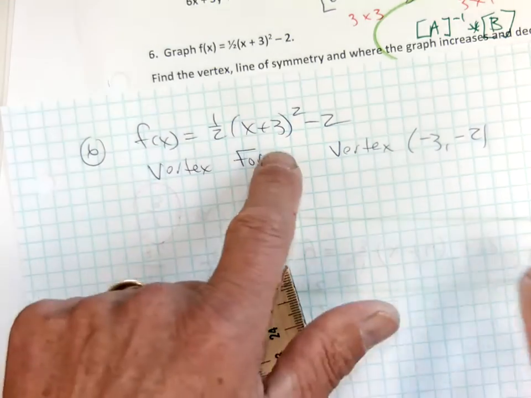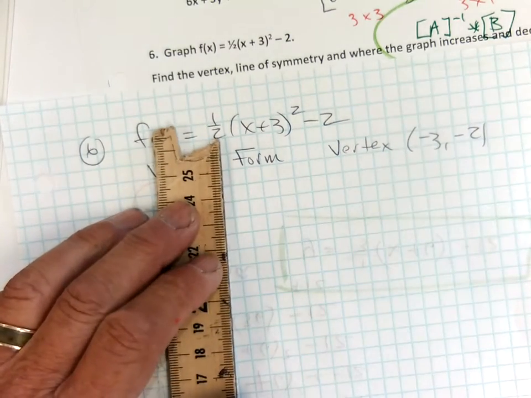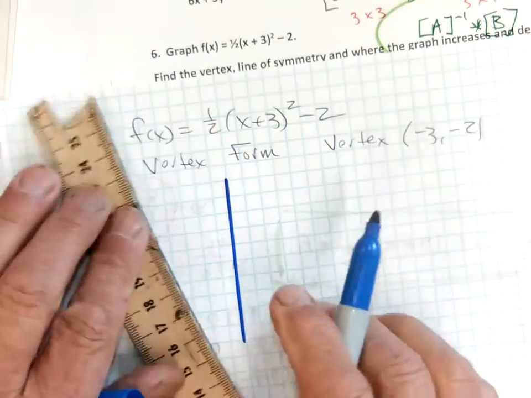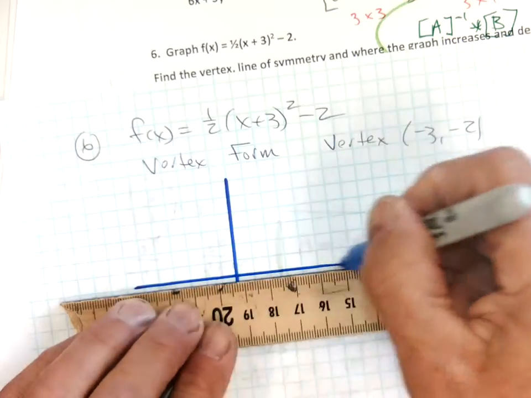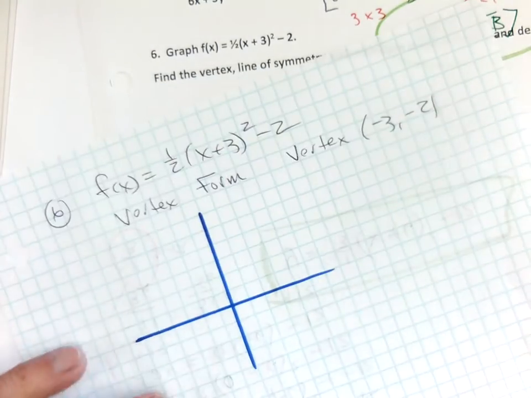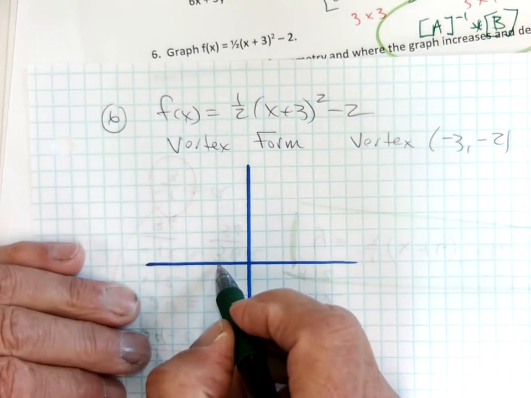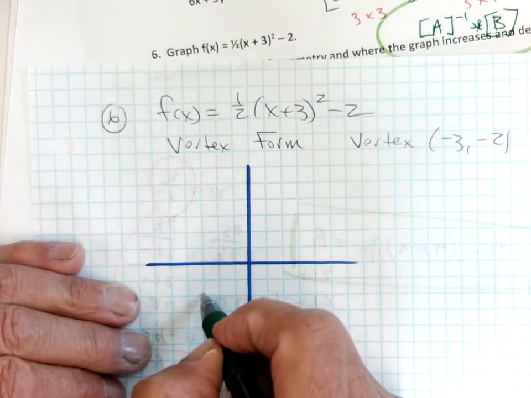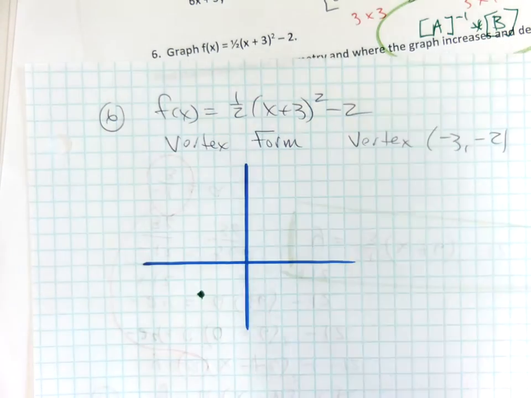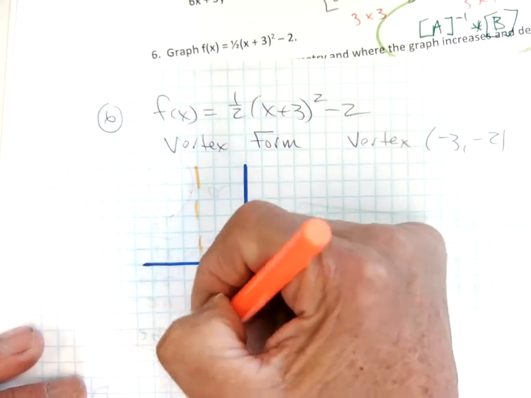It's always the opposite of the inside. And I'm going to put down my graph. My vertex is at -3, -2. It's right there. Now, I know my line of symmetry has to go right through it. Boom, there's my line of symmetry.